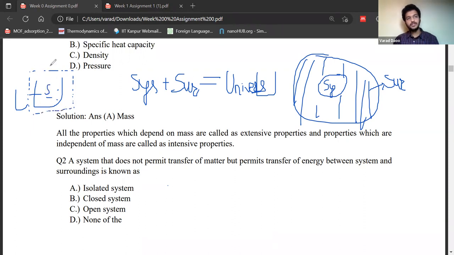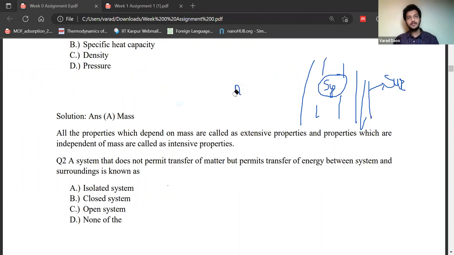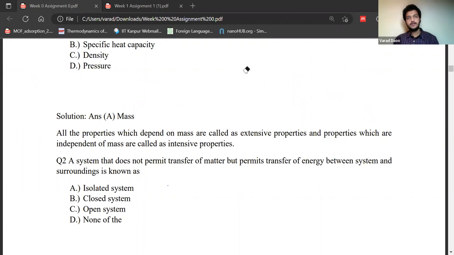The system is what we study, and whatever comes outside of this boundary is called the surrounding. Okay, so this is what the examiner wants to ask us: this is the system, we draw a boundary, and this is surrounding.